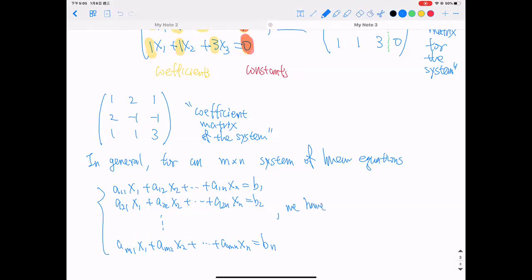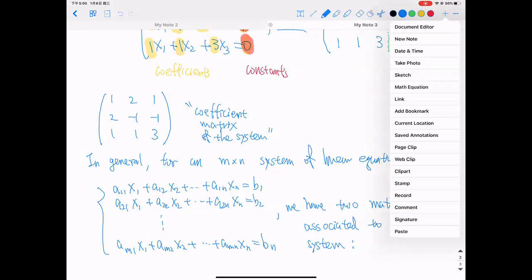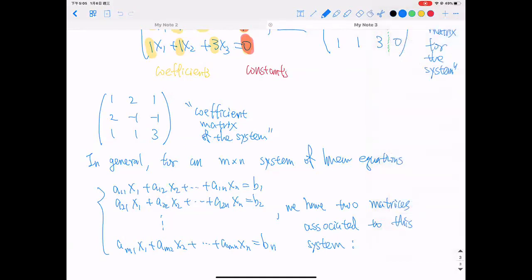If you have this m by n system of linear equations, we have two matrices associated to this. First of all, you have the augmented matrix.